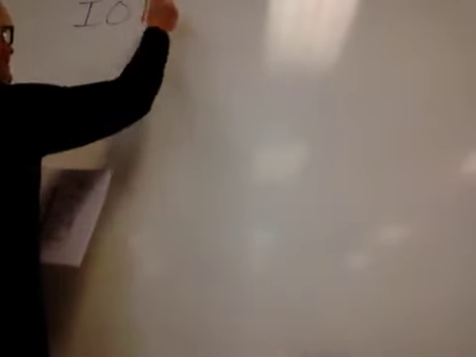Let's do, we're going to do IOF5. And in this case, even though iodine is not the most to the left, iodine is going to be my central atom. So we'll start with that.